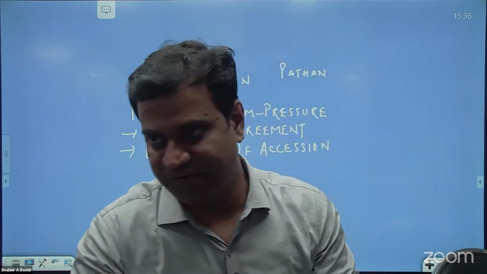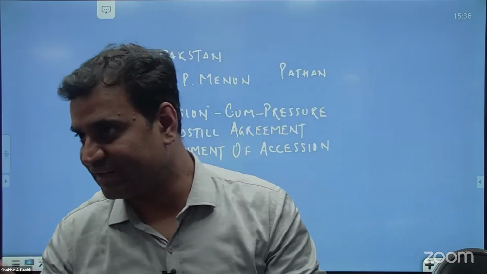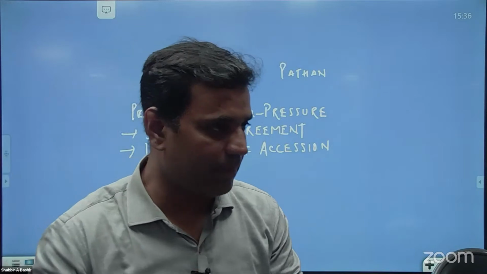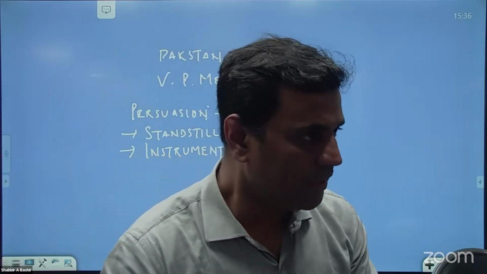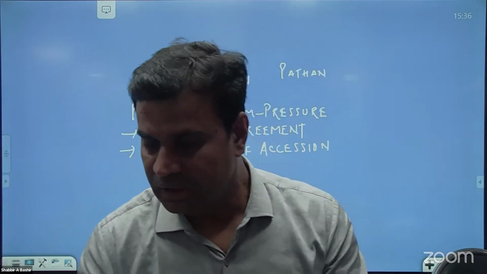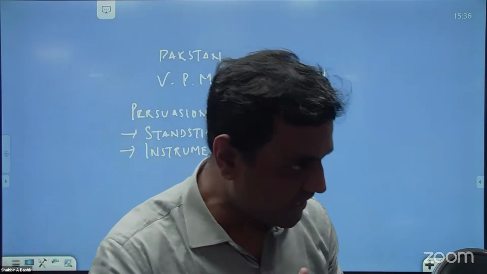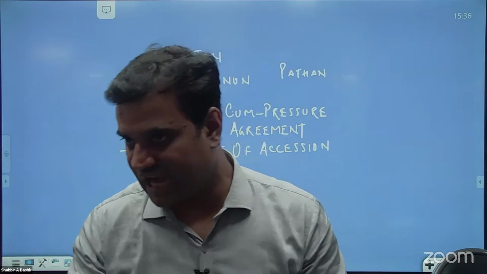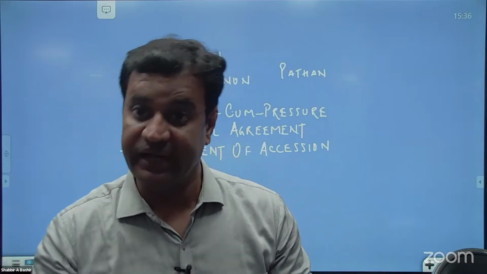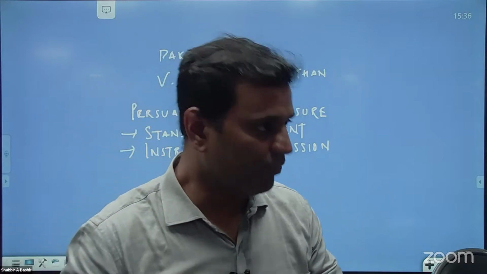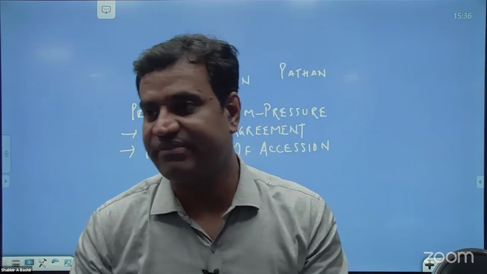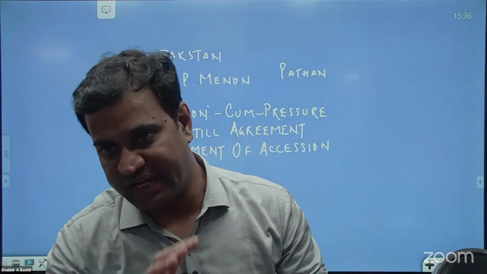Thereafter, negotiation began between the Indian government and the Nizam of Hyderabad, Usman Ali Khan, from 13th of September 1948. After 5 days of hectic negotiation, finally the Nizam of Hyderabad accepted the instrument of accession with the government of India on 17th of September 1948.